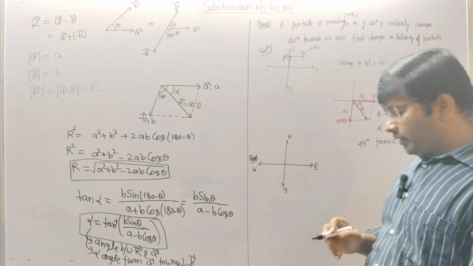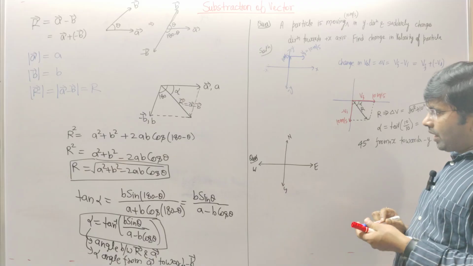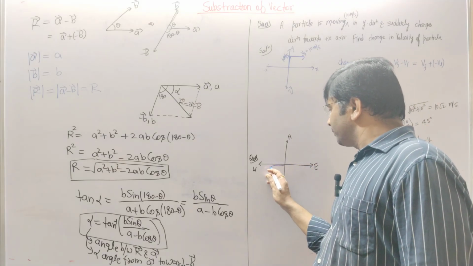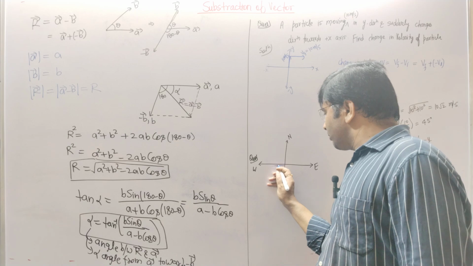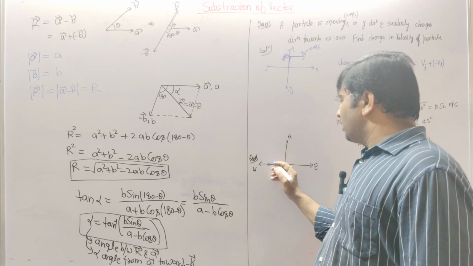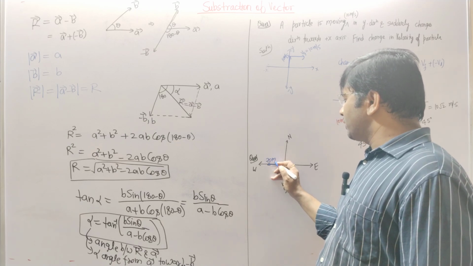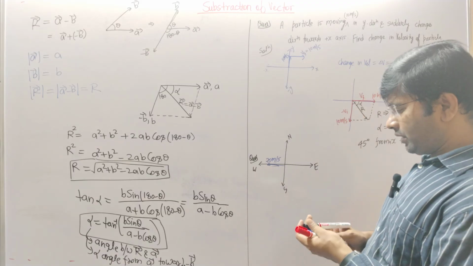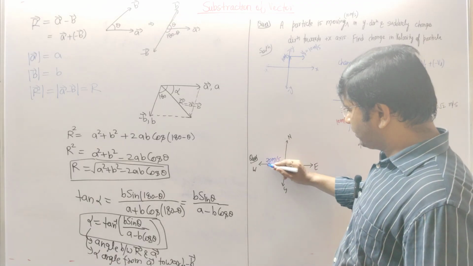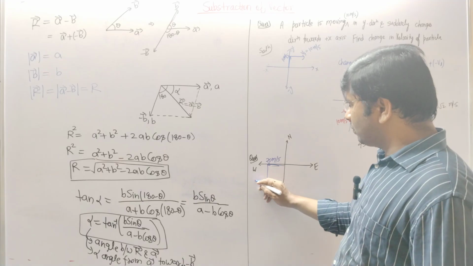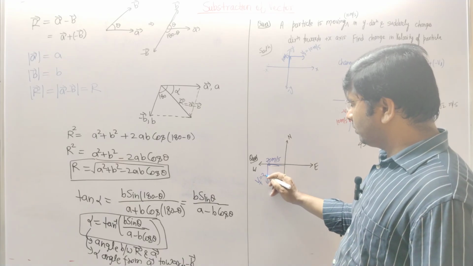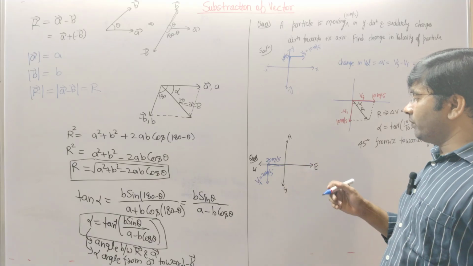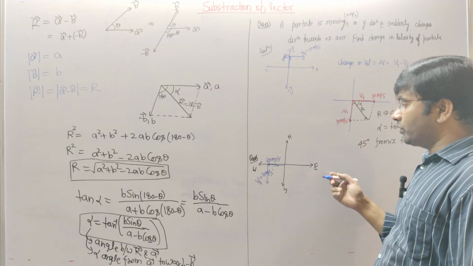I'm saying that a car is moving in this direction initially. Let's take the speed as 20 meter per second. Suddenly it changes direction and starts moving in this direction, again 20 meter per second. Again a similar problem. So what is the change in velocity of the car?